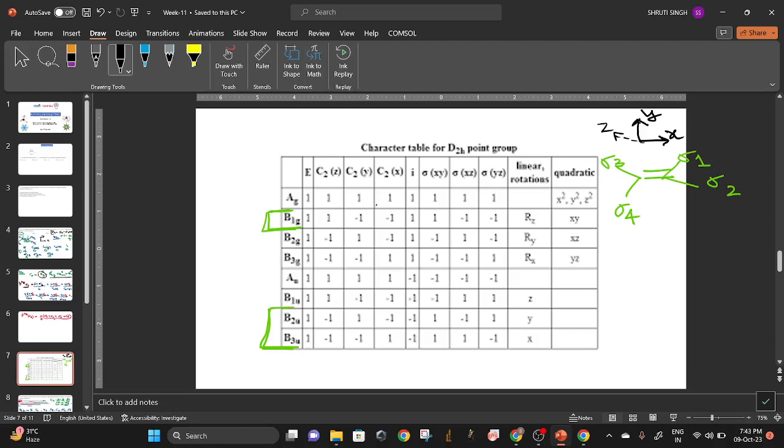You have to multiply with the character. If negative 1 is there, you have to multiply by minus 1.